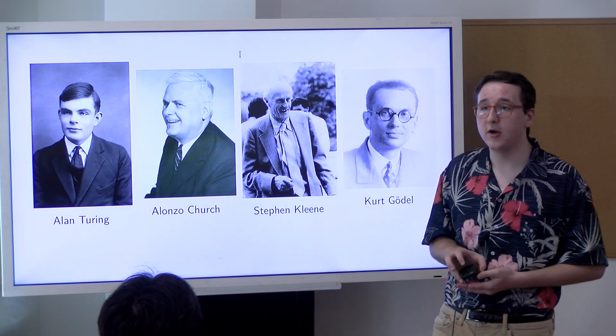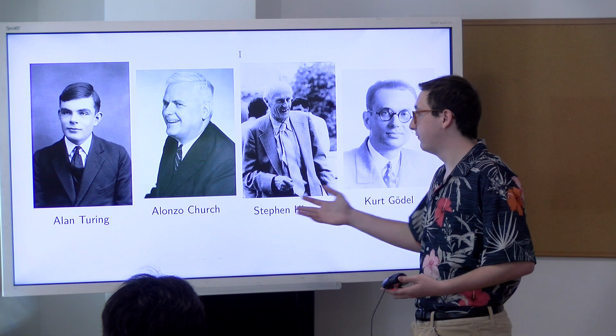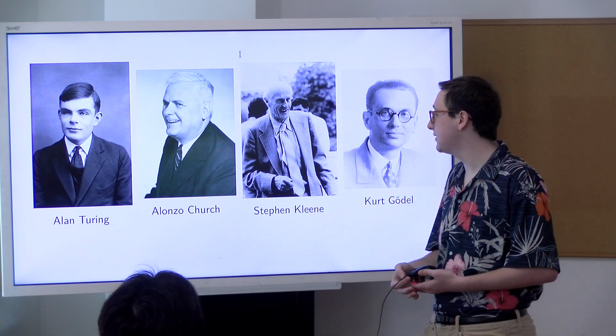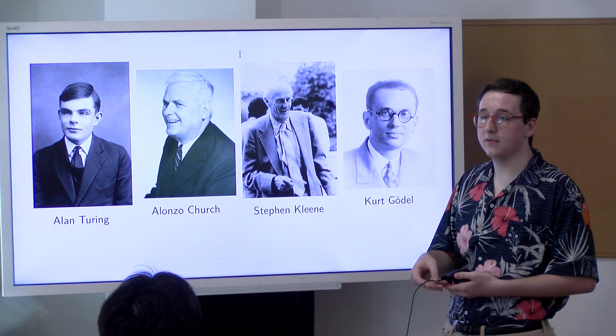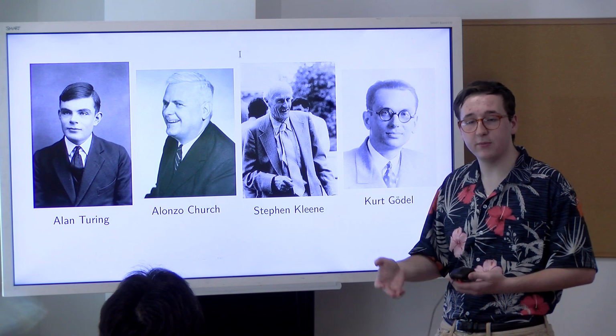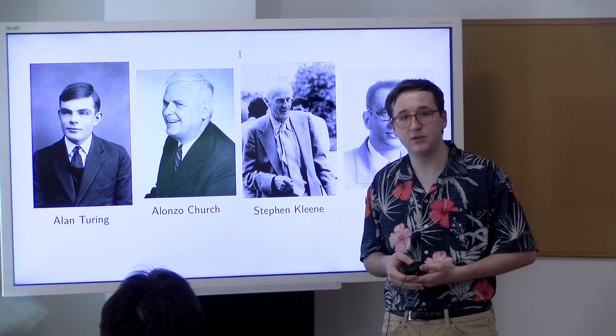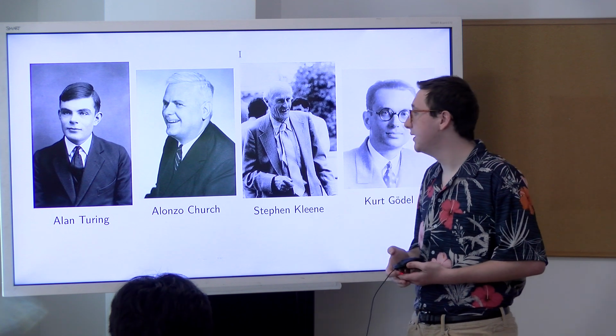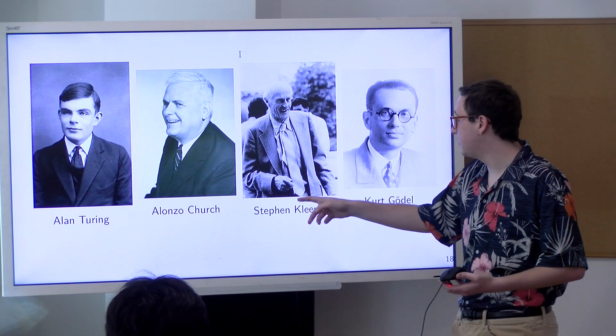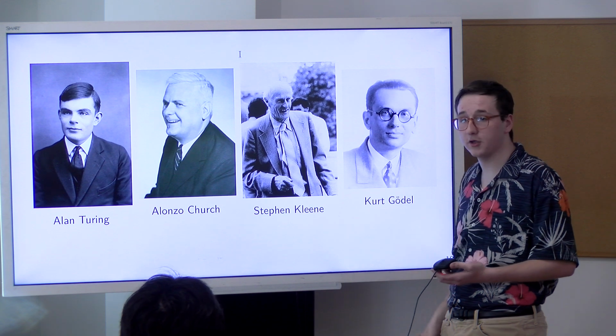So in the 1930s, because of the work of these four and other mathematicians, they became able to give explicitly what an algorithm was. Alan Turing, Alonzo Church, Stephen Kleene, and Kurt Gödel.